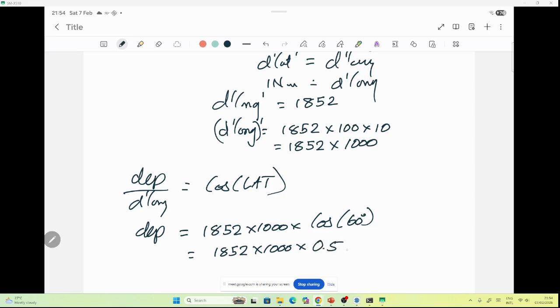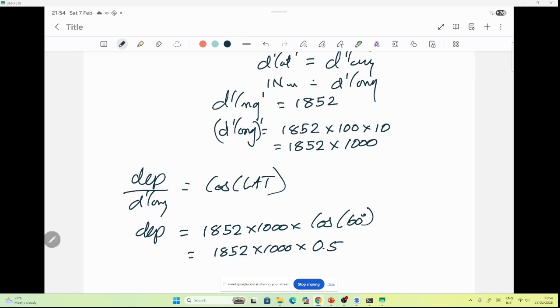So it's basically half of the departure at the equator.